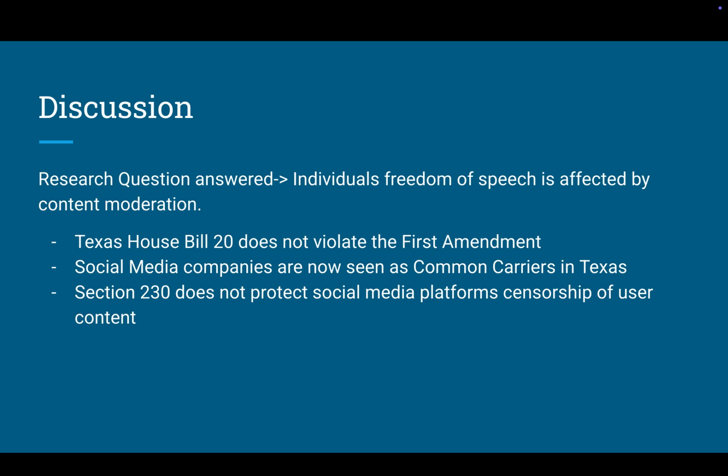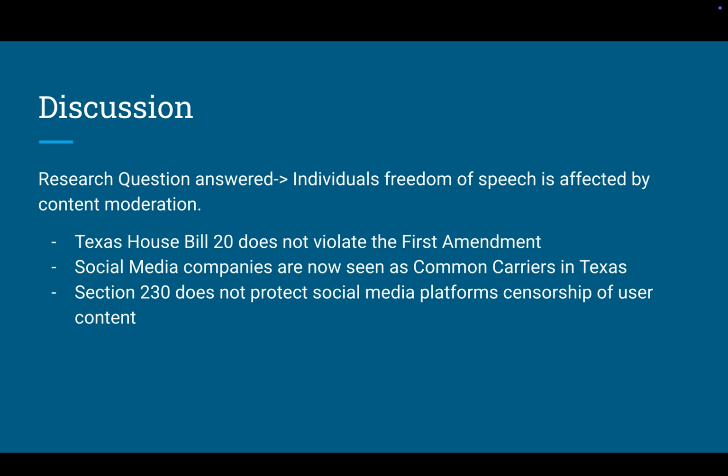From the evidence shown, we can answer the question of how an individual's freedom of speech is affected by content moderation. Content moderation does impact an individual's freedom of speech by leaving them afraid of being censored for posting something that social media companies deem unfit.